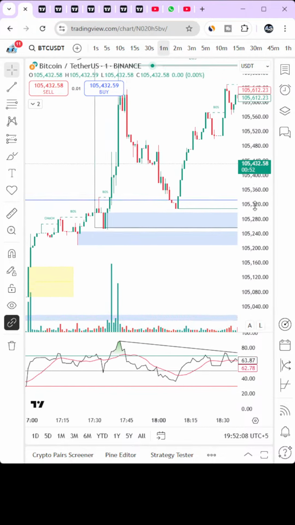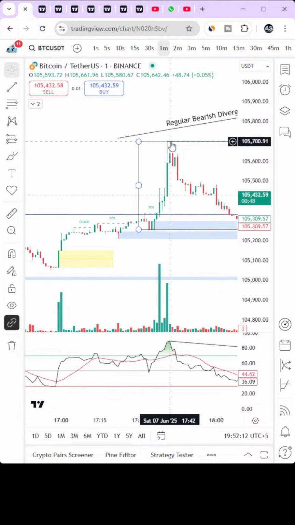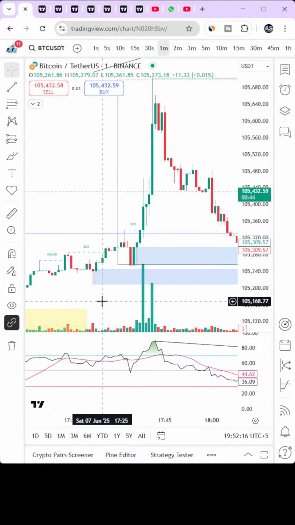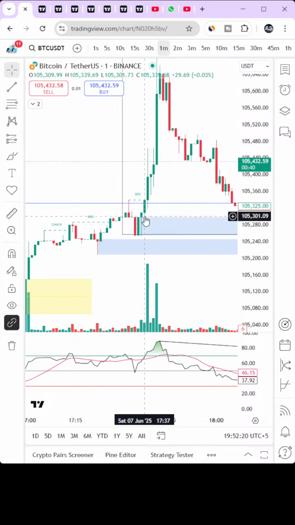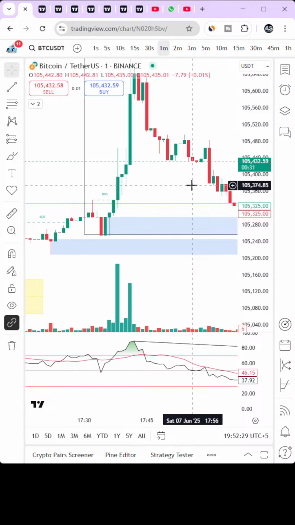Now you can see here the top rejection has given a sell. Bottom wick rejection, look here, has given a buy. These are the wicks from the bottom side. You can see here the buyers are pushing the prices to the upside.